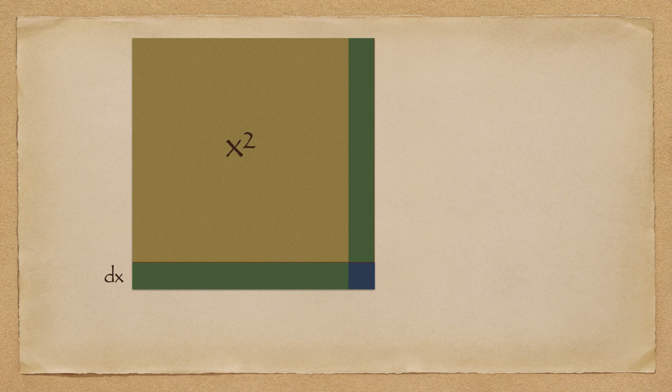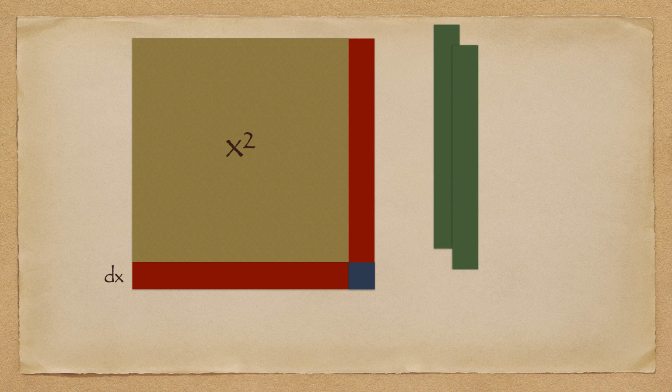Remember that dx is a really small number, like 0.000001. This tiny square has an area of dx squared.